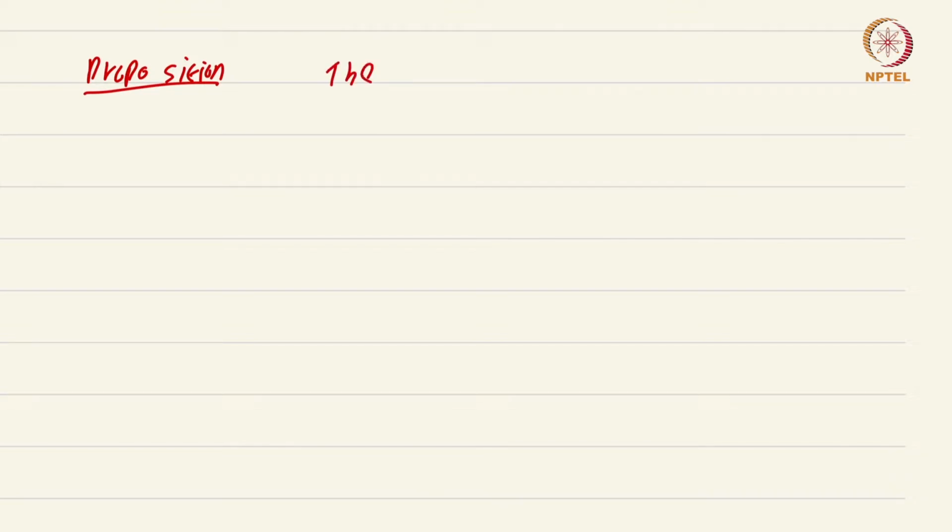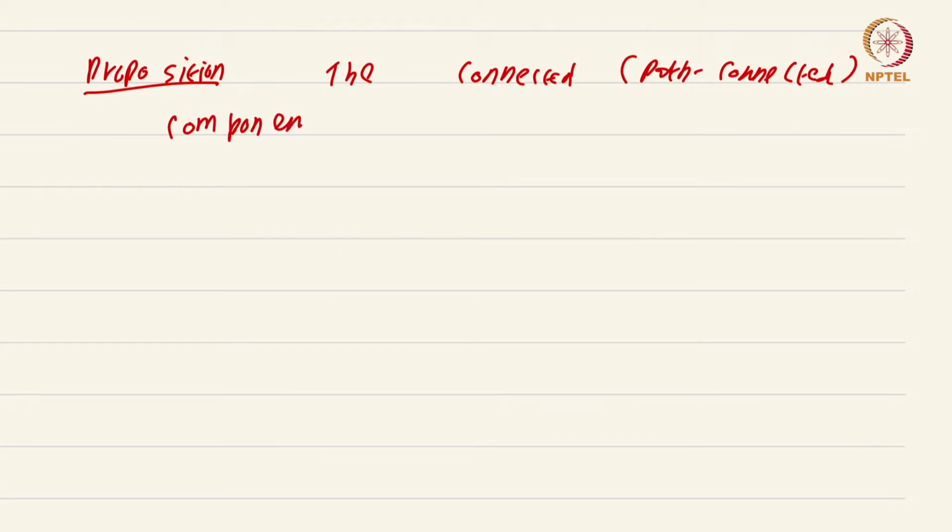The connected, respectively path connected, components are connected, respectively path connected. So the whole definition was to ensure that this is true. Okay, now the proof is very easy.